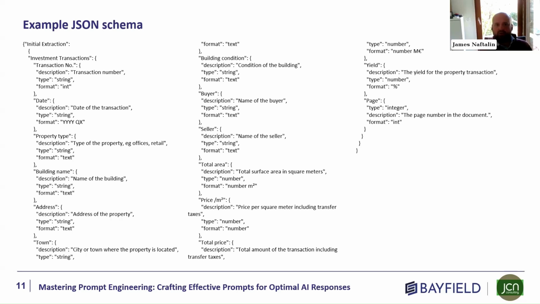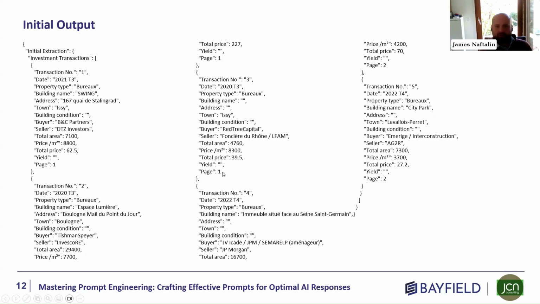I'm using Google Gemini as it's a vision model, so I don't need the list of comparables in text. It can just take the image of the PDF page. And I've truncated it. It actually was a longer list, but just for demonstration purposes, it will respond with something like this as an initial response.